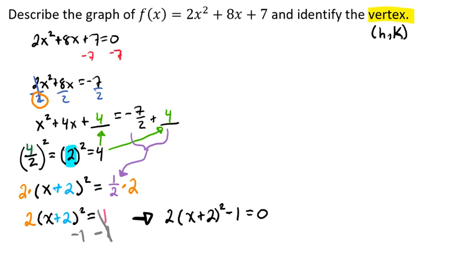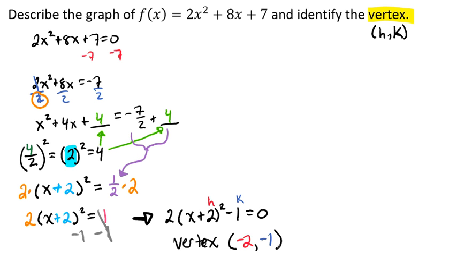And so we'll come over here and we'll take a look, and we see that we've got an h and that we have a k. And so we can say that our vertex is at the point -2, comma, -1.